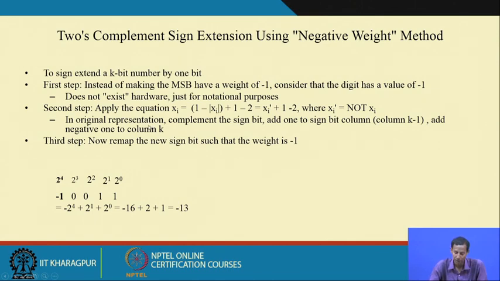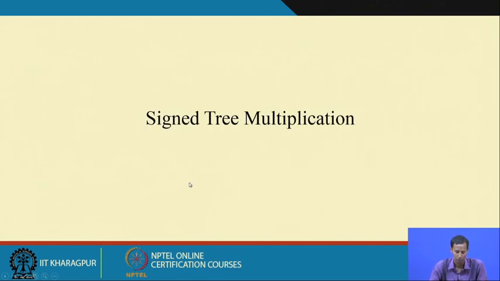In the original representation, complement the sign bit and add 1 to the sign bit column and add negative 1 to the column k. In the third step, remap the new sign bit such that the weight is minus 1. These are the steps involved in extending the sign bit. We will see this when we consider the example, and at that time it will be much clearer to you.